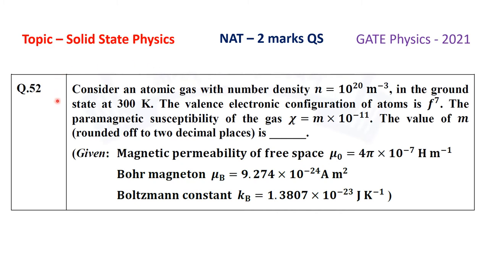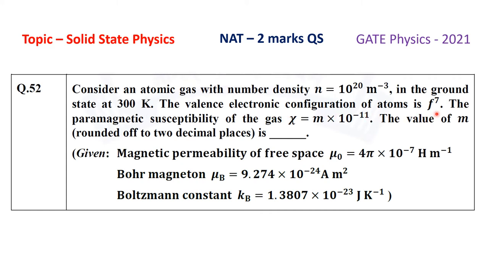The question is: consider an atomic gas with number density n equals 10 to the power 20 per meter cube in the ground state of the atom at temperature 300 Kelvin. The valence electronic configuration of the atoms is f7.